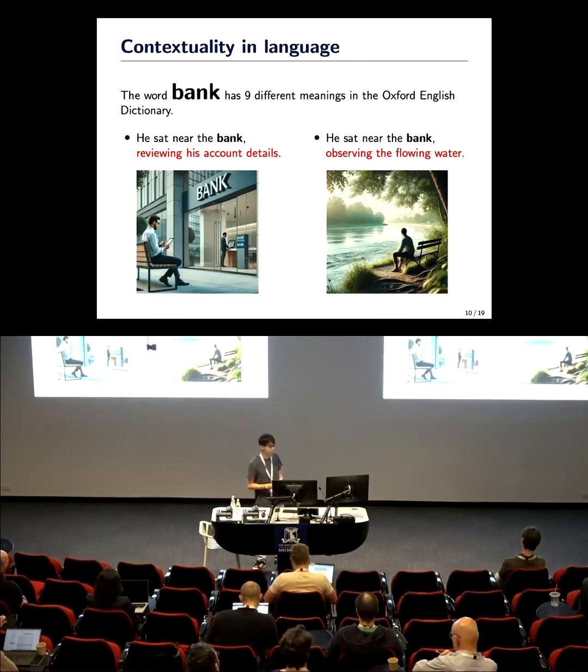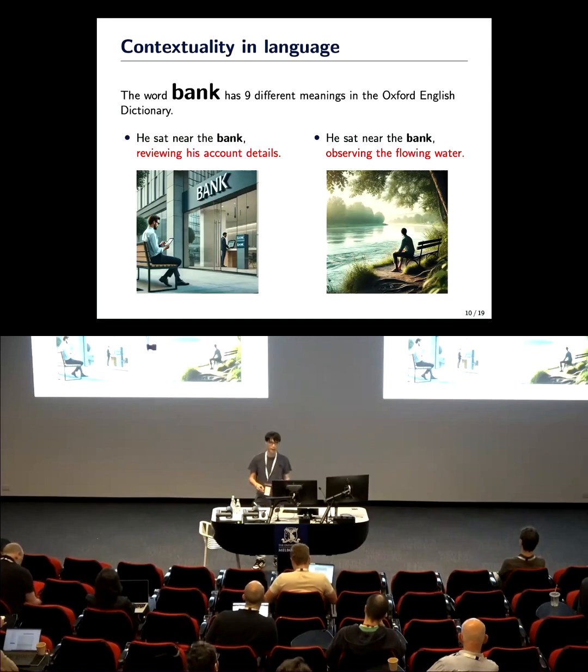Let's switch gear to contextuality in language. The idea is very simple. Basically, almost every word in natural language is ambiguous. In this example, the word bank has 9 different meanings in the Oxford English Dictionary.